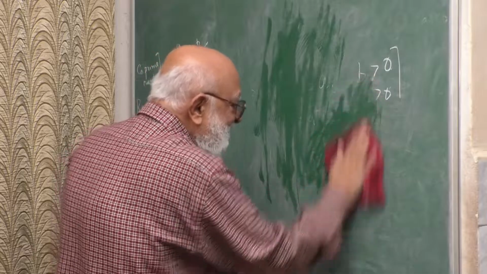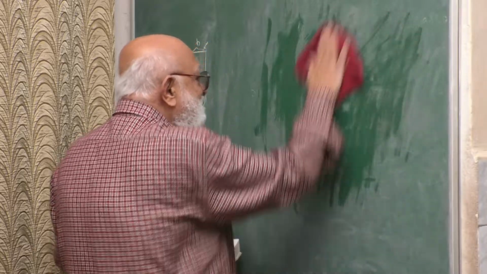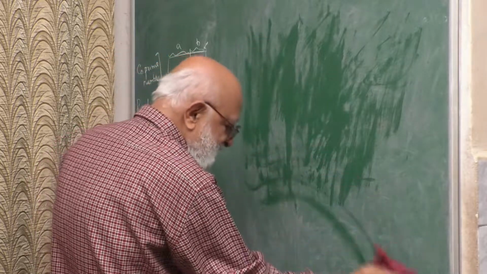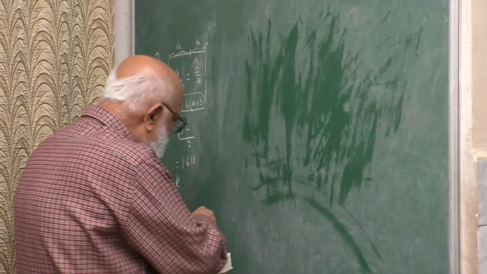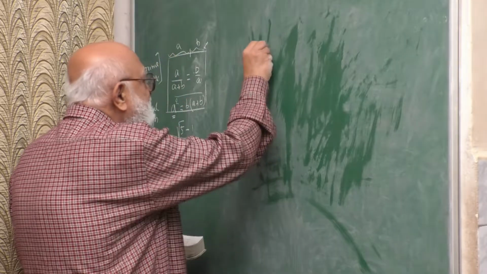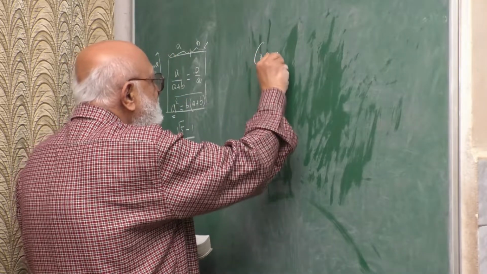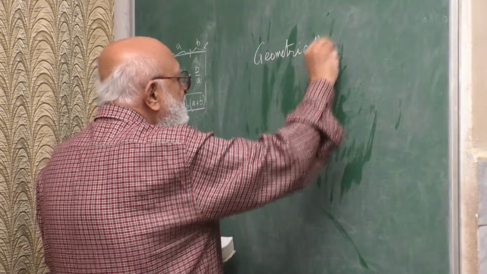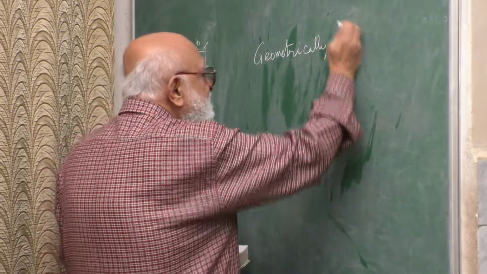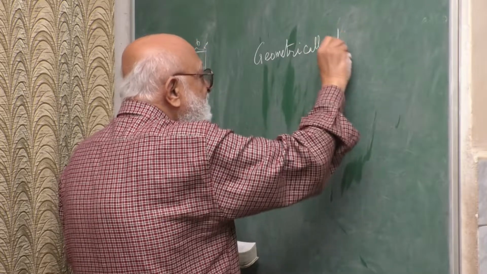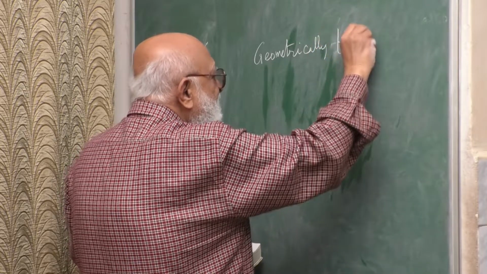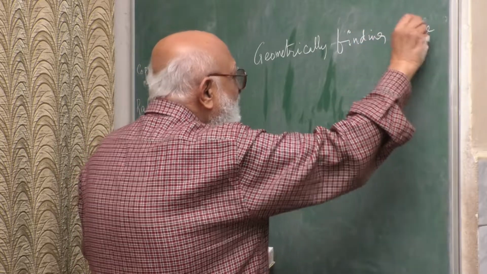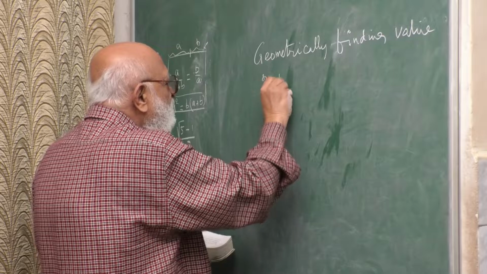Here the book does a little bit confusing treatment which I want to settle right. Here we are geometrically finding the value of root of x.